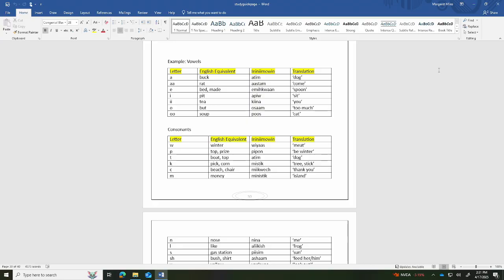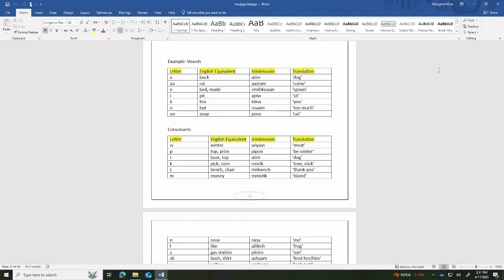And the consonants, the letters W, P, T, K, C, M, N, L, S, SH, Y, and H. The letter W, wi, winter. Wiyas, meaning meat.